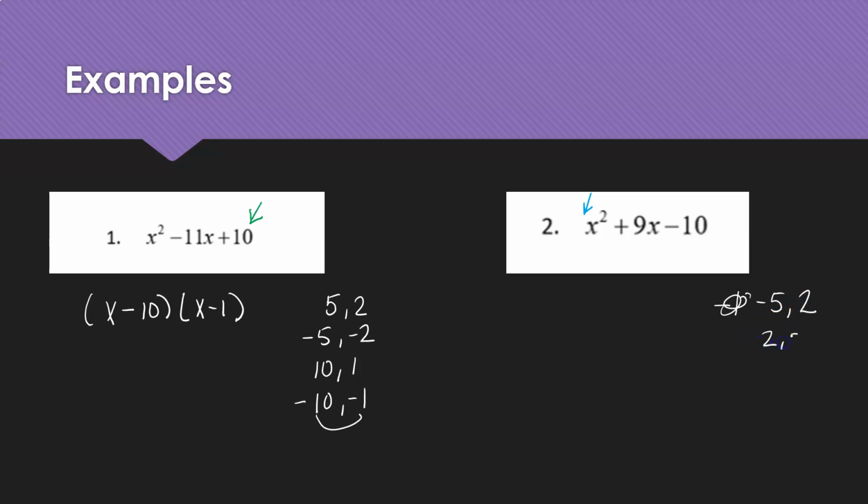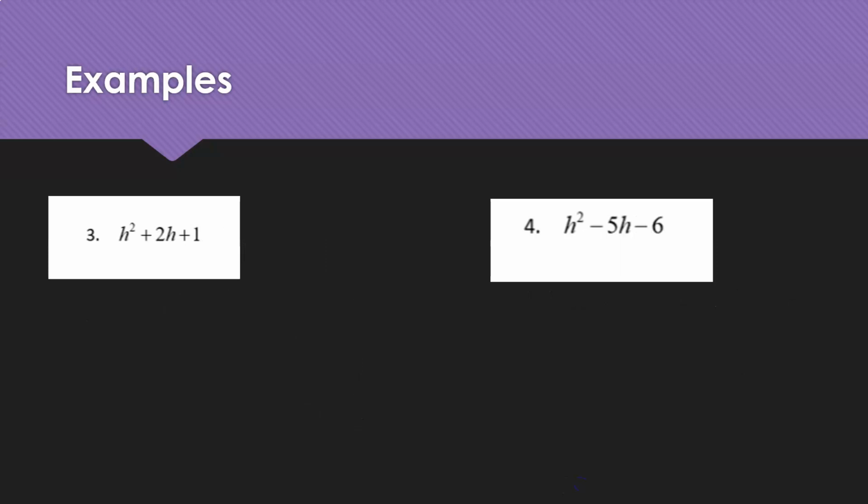I have negative 2 and positive 5, that equals positive 3. I have negative 10 and positive 1, that's negative 9. Let's flip them around. I have 10 and negative 1. That will give me the 9 I need in the middle. So we're going to split them up into 2 binomials, x plus 10 and x minus 1. There's your factored form.